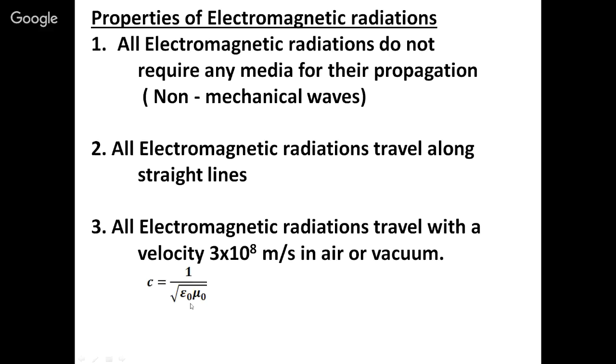That is related to the electric field and magnetic field. Don't worry about this equation, but we say that all radiations travel with the velocity of light in air or vacuum, which is 3 into 10 to the power 8 meter per second.